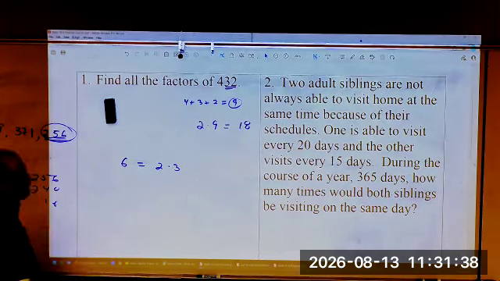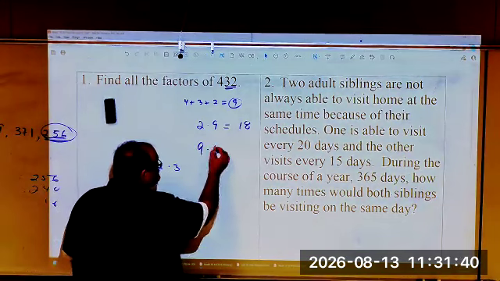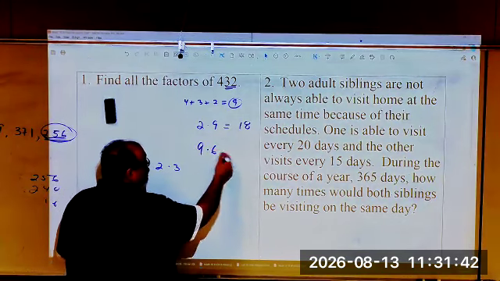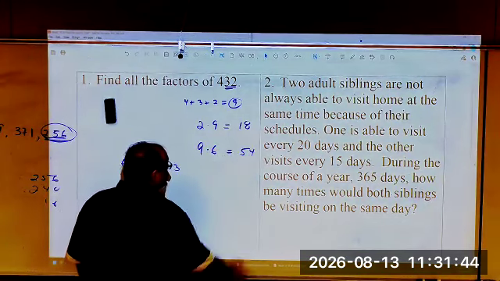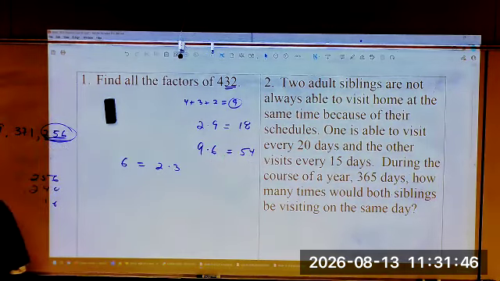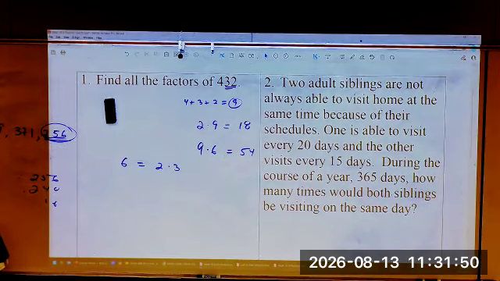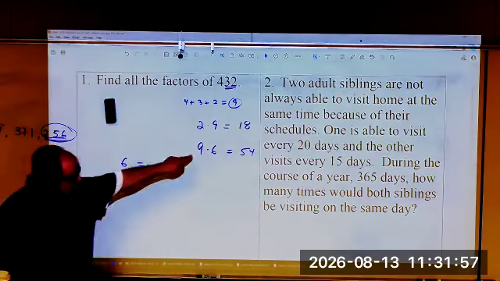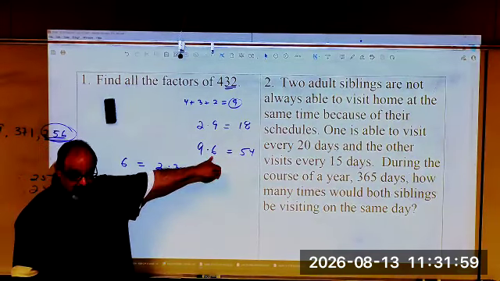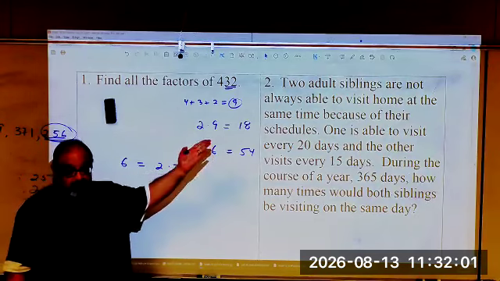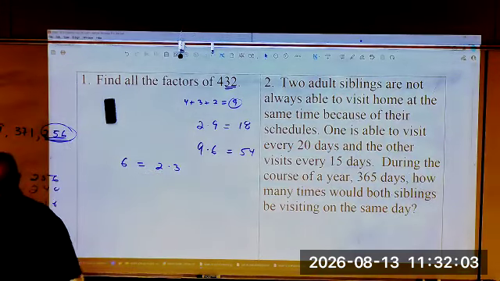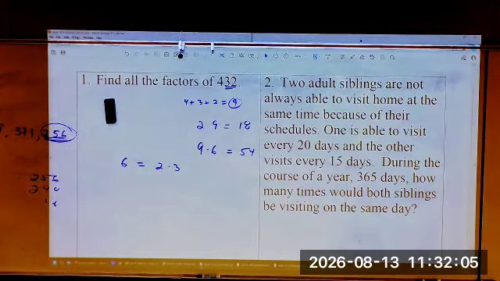Well, wait a second. You said 9 works, but didn't 6 work? 9 times 6, shouldn't I be able to use 54? Well, wait a second. 9 is two 3s, but 6 is another one. Maybe I'm overlapping a 3. I'm using a 3 in the 9, and I'm using a 3 in the 6. I'm using three 3s, and we don't have three 3s. So we're going to avoid the overlap.